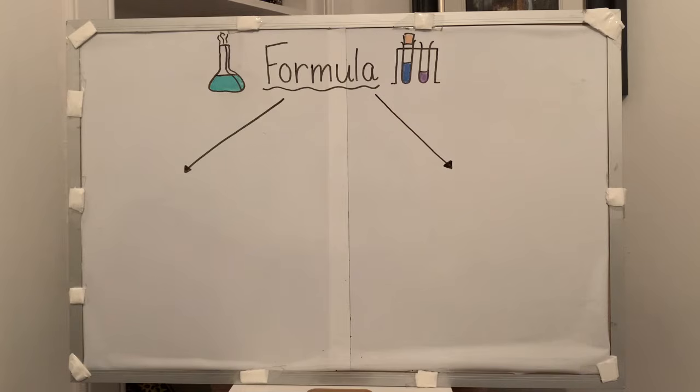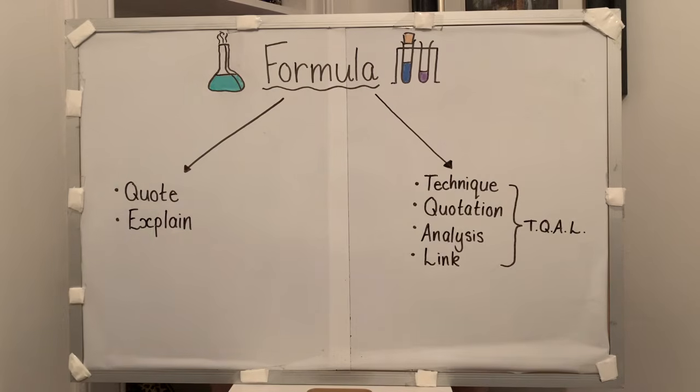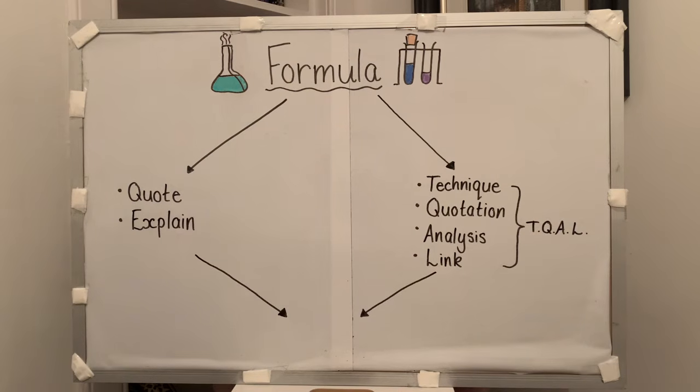You can either use quote and explain, that's enough to get you the marks at National 5, or you can use the TQAL structure, technique, quotation, analysis, link. Small disclaimer though, always go with what your teacher has asked you to do. It makes it much easier for them to help you when it comes towards the exams, if they know exactly how it is that you're answering the question. Anyway, however you choose to answer those questions, you'll still use just as, so too.